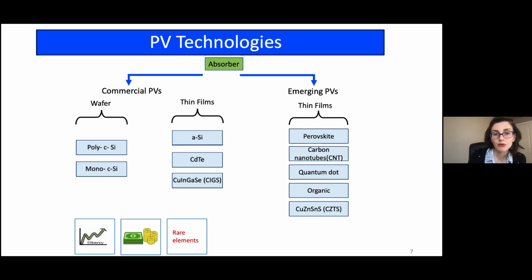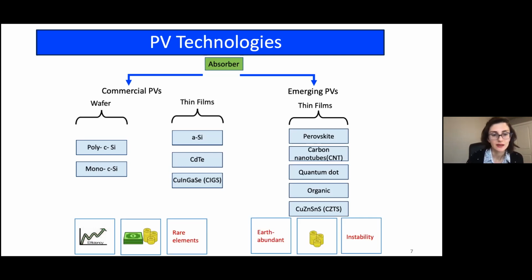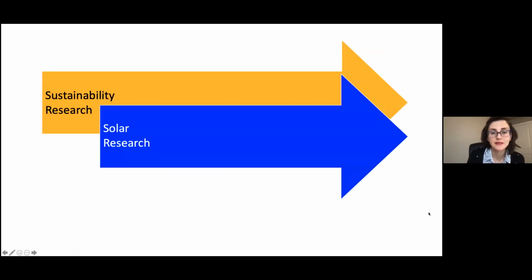What we know about the emerging PV technologies, again in general, is that they are mainly based on earth-abundant materials. They are less costly, but they have some instability issues that keep them in research scale for now. So this is the general scope of PV technologies.